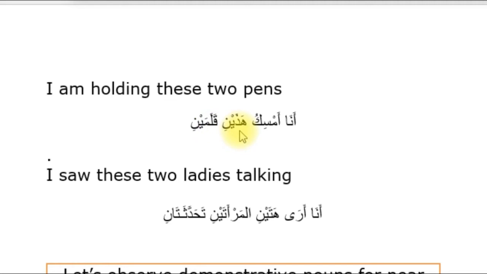For the demonstrative noun, هذين. I'm going to read through. أنا أمسك هذين قلمين. أنا, I am, أمسك, holding, هذين, these, قلمين, two pens.